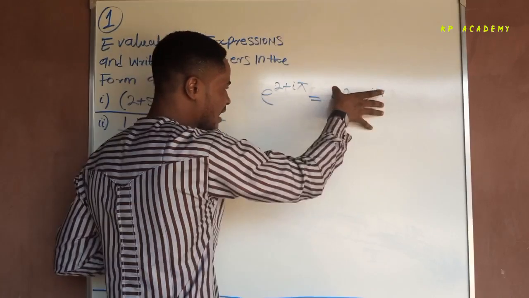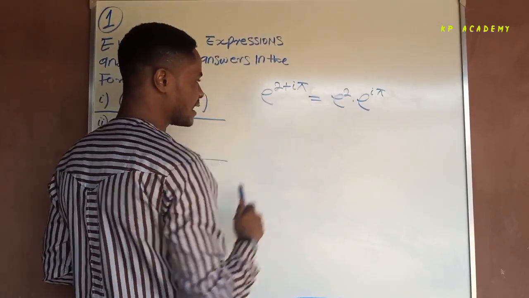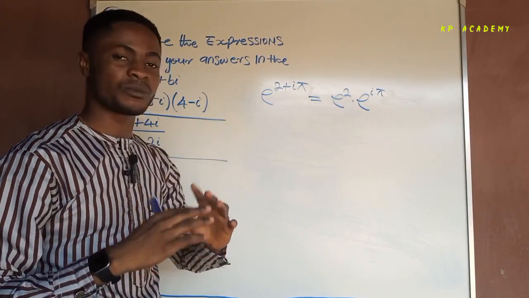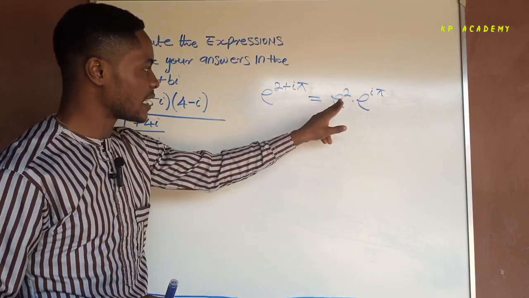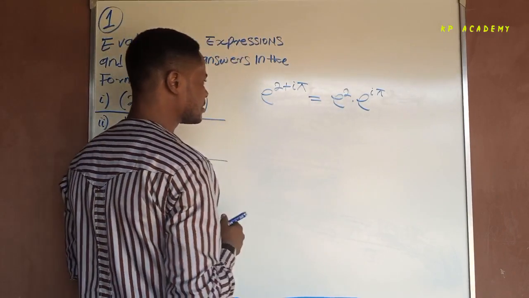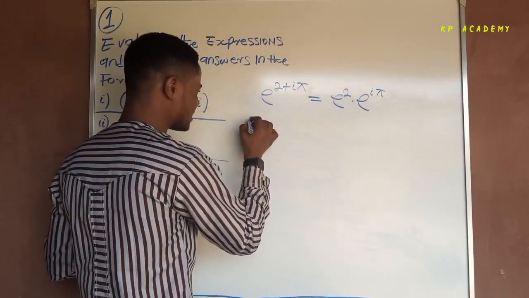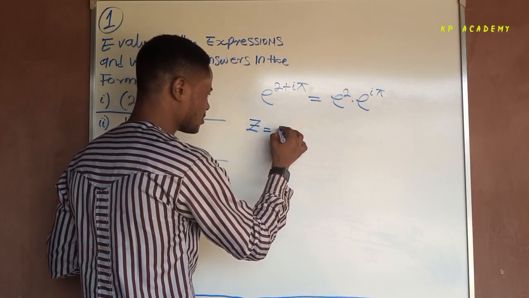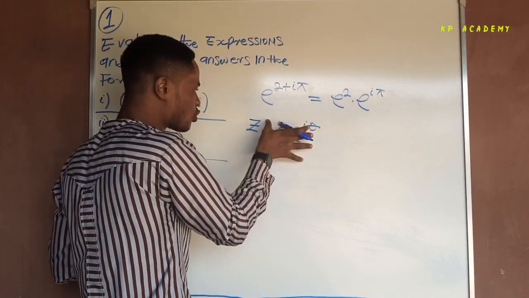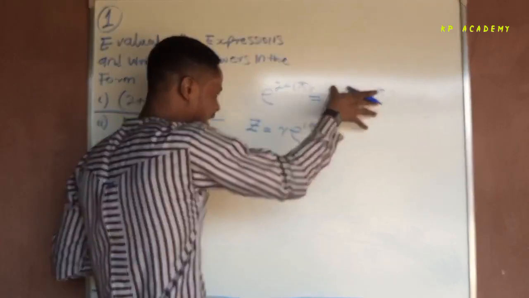So now arriving at this part, I want you to know that exponential 2 is nothing but a constant. Alright, so you can actually get the value of this. Now, there is this form of complex number that says that the exponential form of a complex number z is nothing but r exponential i theta. So if you want to compare this now to this, you find that this and this can be compared.